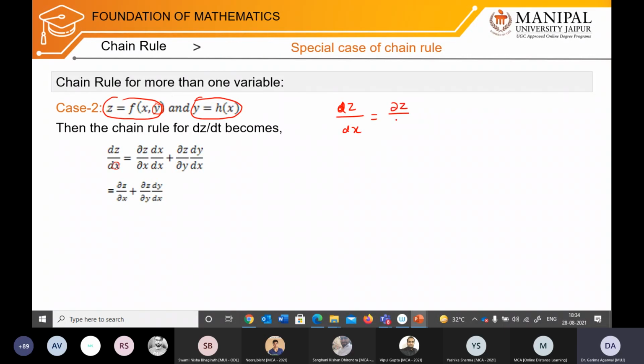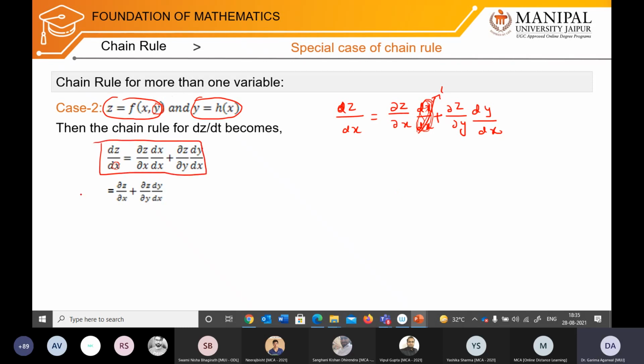That means z can be partially differentiated with respect to x and y. Then x is a function of x only and y is a function of x. No need to write this term. I just write it here just to make it simple. That's it. It will be one only, right? So this is the formula.